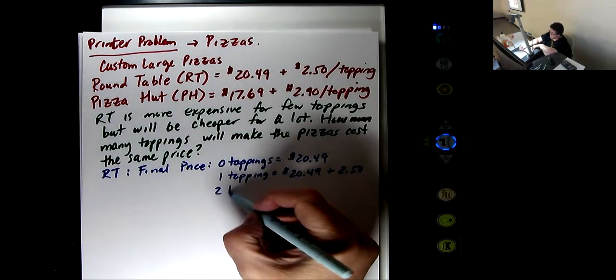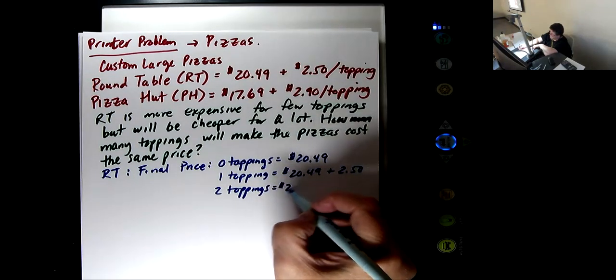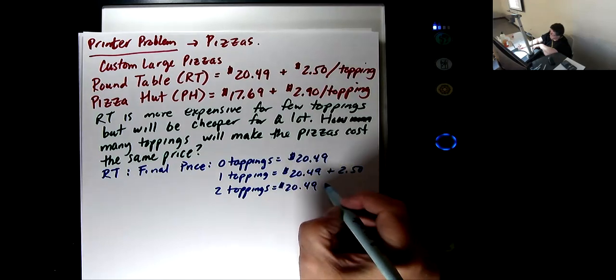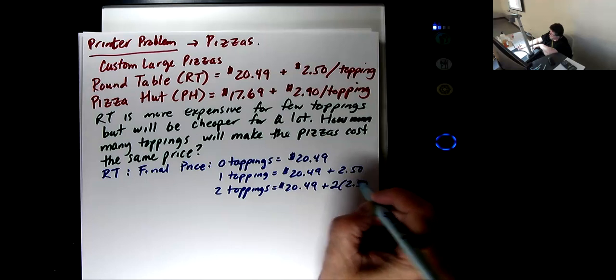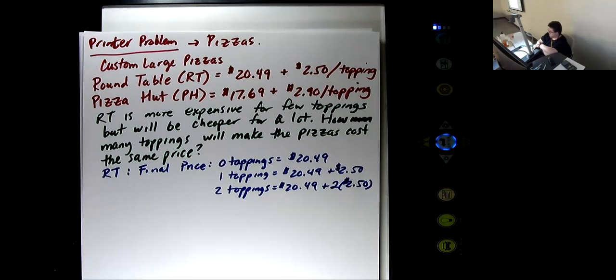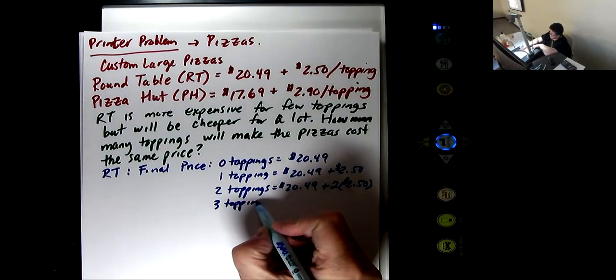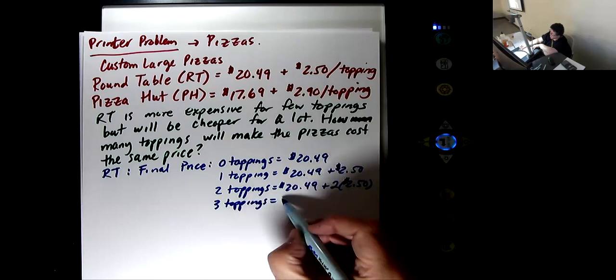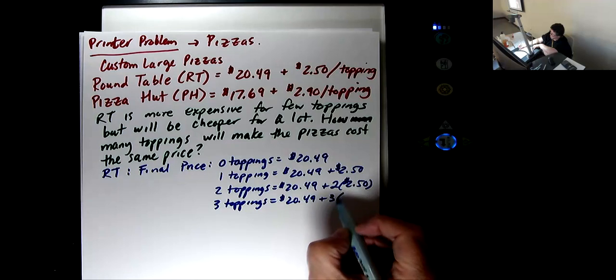For 2 toppings, it's $20.49 plus 2 times $2.50. For 3 toppings, it's $20.49 plus 3 times $2.50.